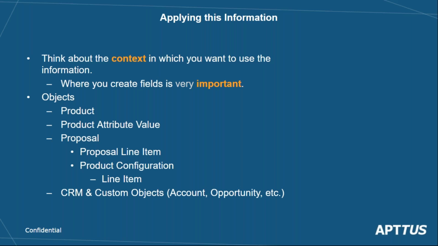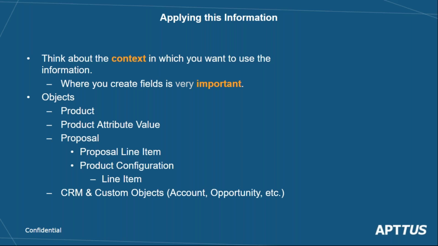Then for the proposal line item, if there's any requirement where we want to show the field on the proposal line item object, because that proposal line item object is something that we can use whenever we are creating a quote for our proposal, then we can create the field on the proposal line item object. Similarly, for product configuration line item object, we just discussed, we can create fields whenever we want to put in our custom logic.